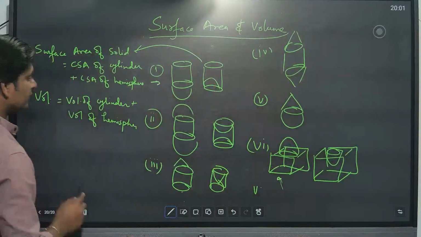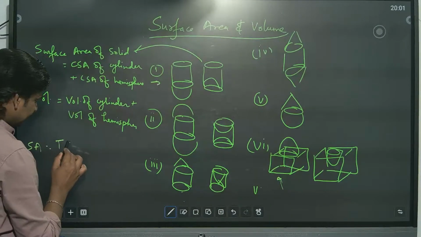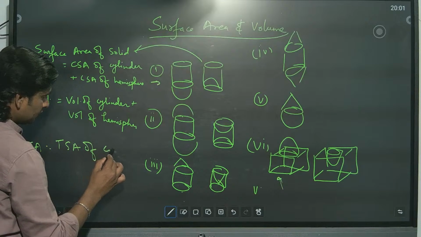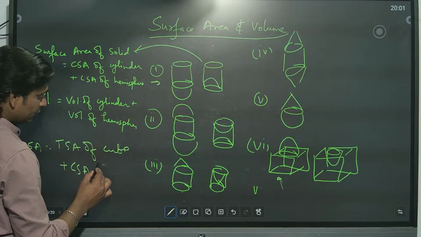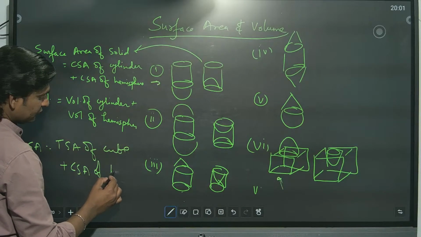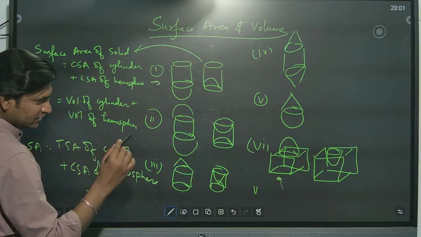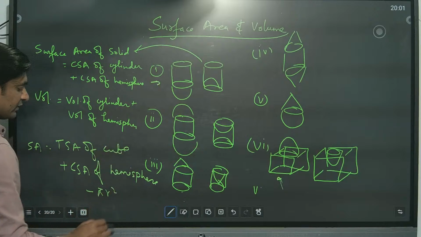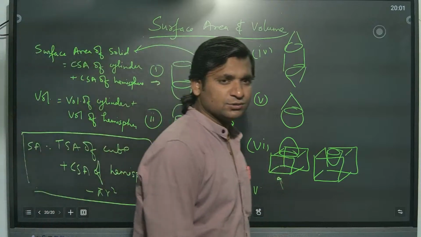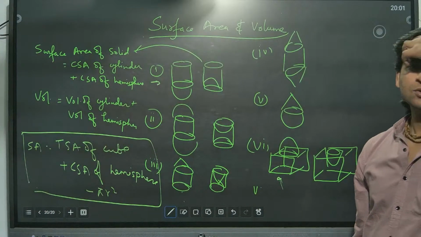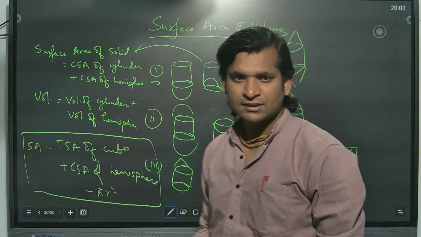In this case, it would be TSA of cube, again plus CSA of hemisphere, and we have to subtract one base of hemisphere, that is pi r square. So for this diagram, one formula you have to keep in mind.